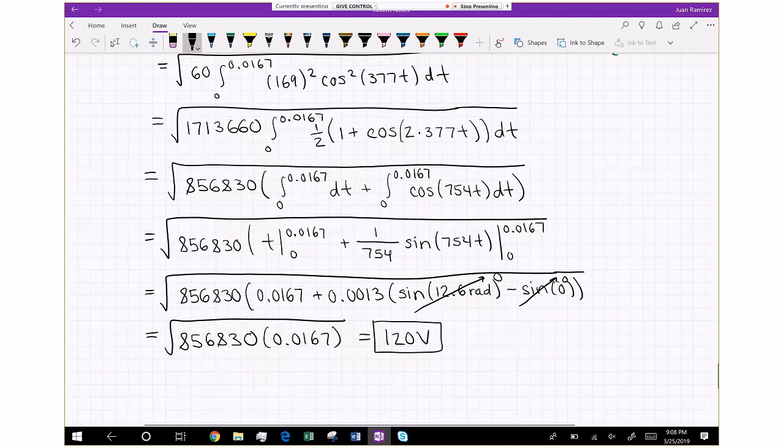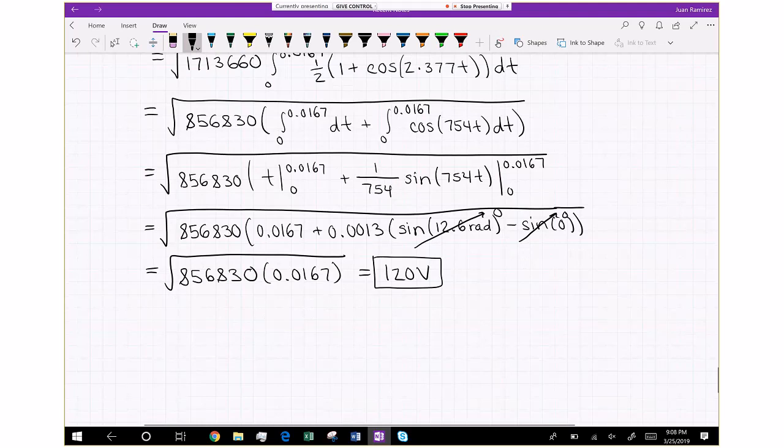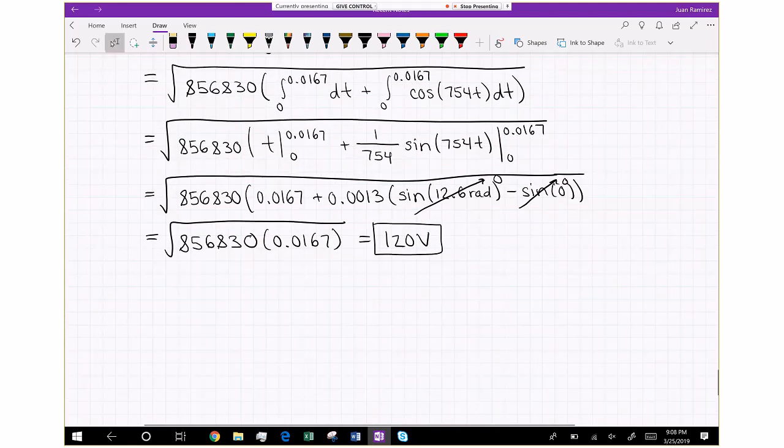Okay. So pretty much what I had mentioned before, if you have an amplitude of 169 volts, you end up with an RMS value of about 120 volts. And that's the situation we have for power systems in the US, mainly residential power systems.